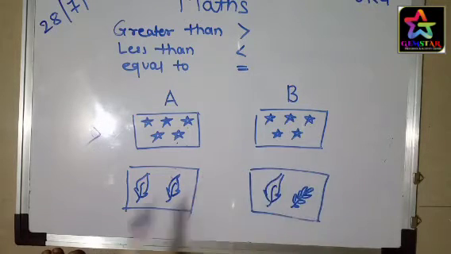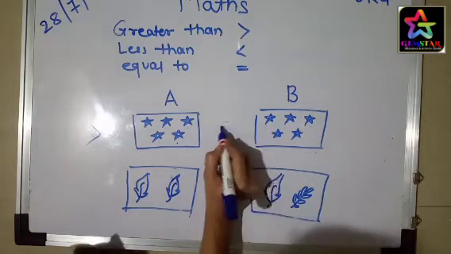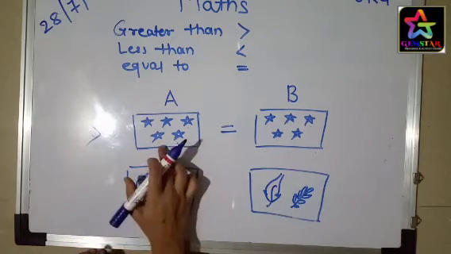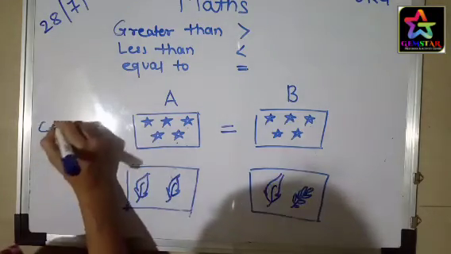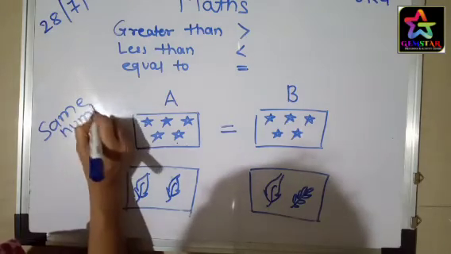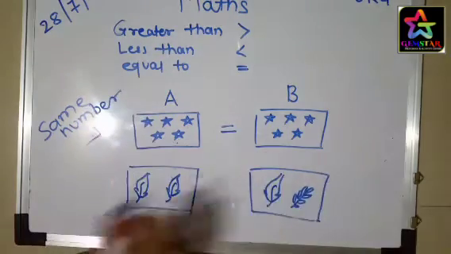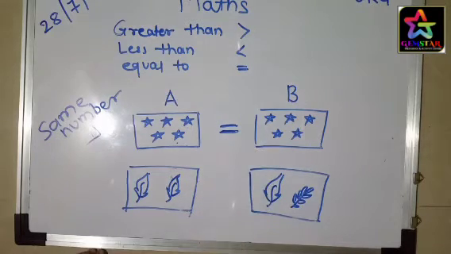How many stars? 5 stars. So which sign will come? Equal to, because both the groups share the same number of stars, so therefore they are equal.